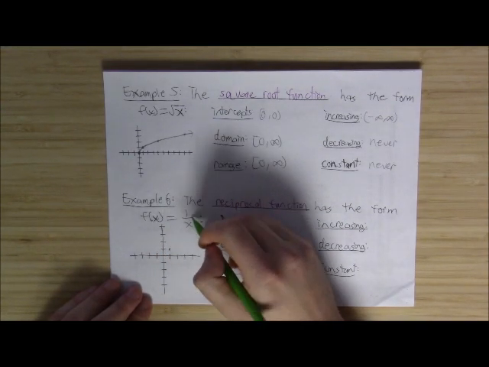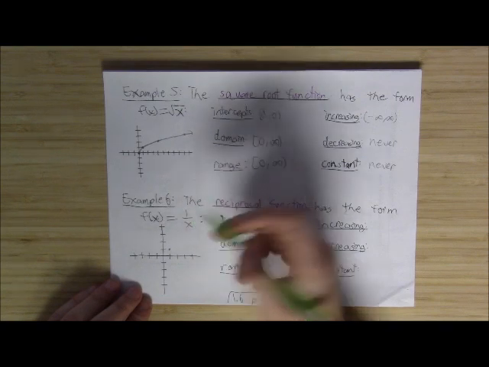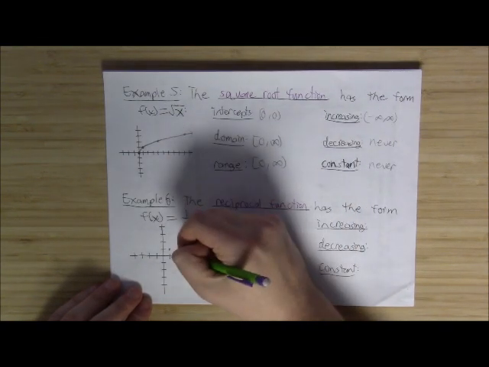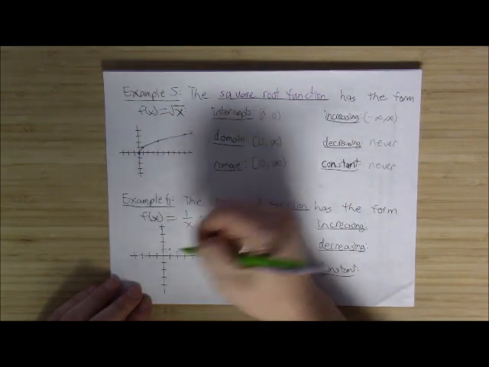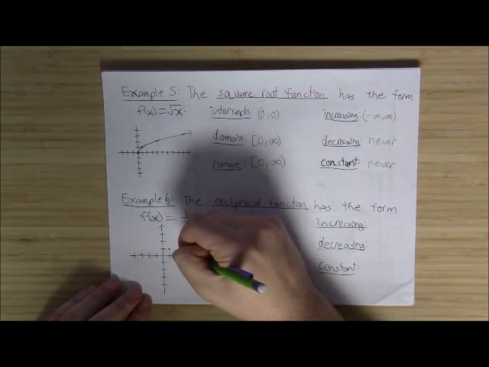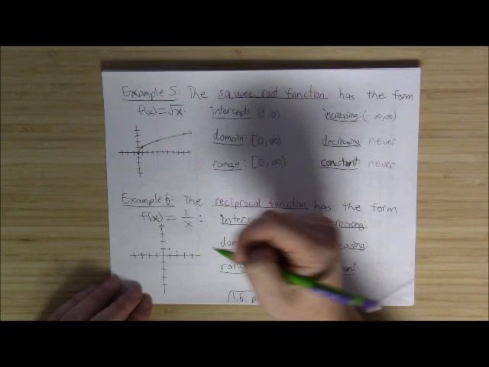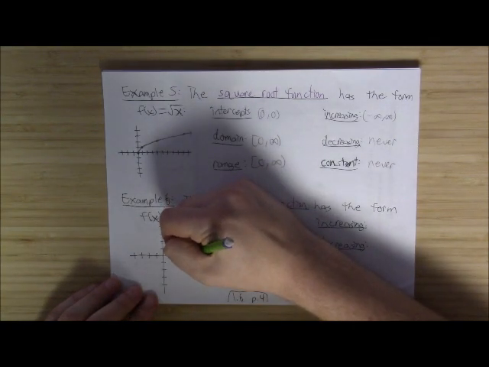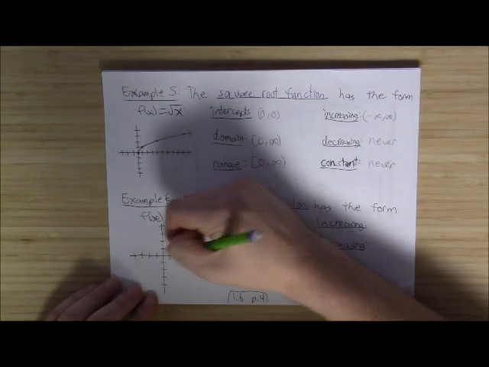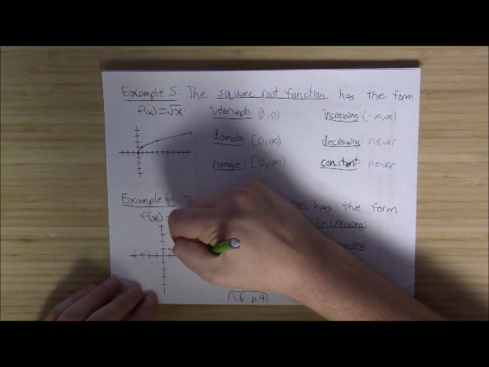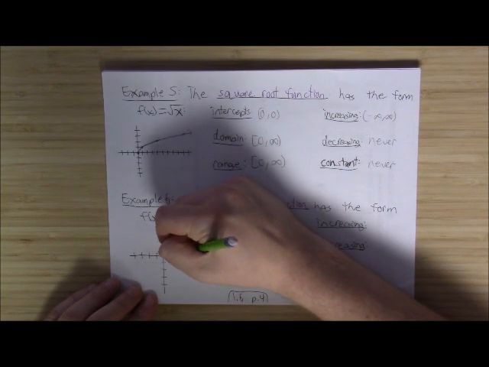If we plug in 2, we get 1/2. If we plug in 3, we get 1/3, and at 4, we get 1/4. So it looks like it's just decreasing and getting closer and closer to 0 as we go out.